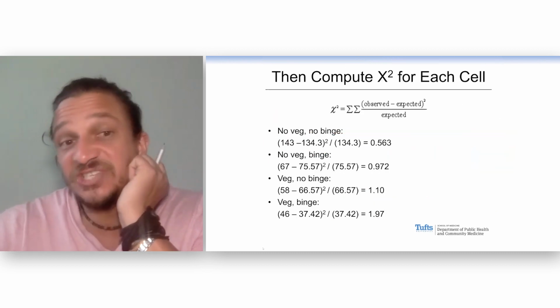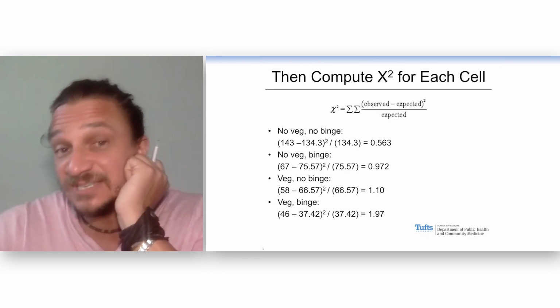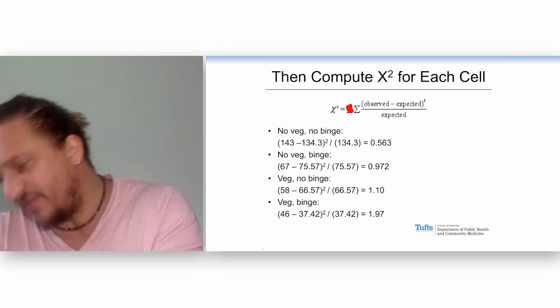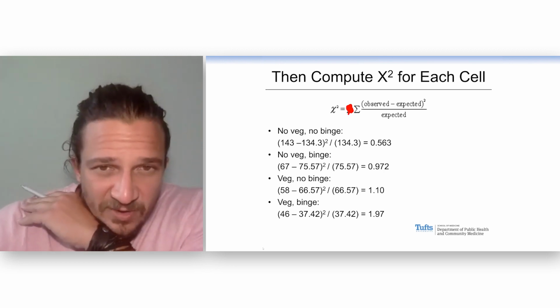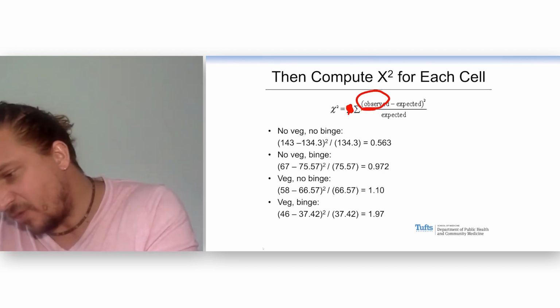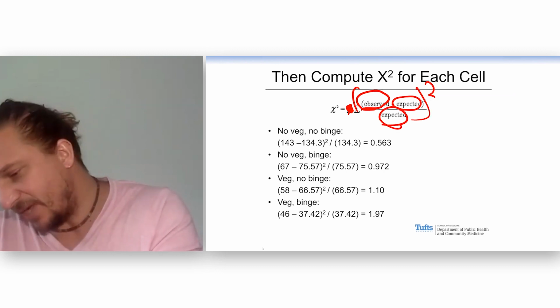Now, from each cell, we can calculate the chi-square statistic. There's a little typo on this thing right here. It should have only one sigma. We sum up what we actually saw compared to what we expected to see, square them, and divide by what we expected to see.